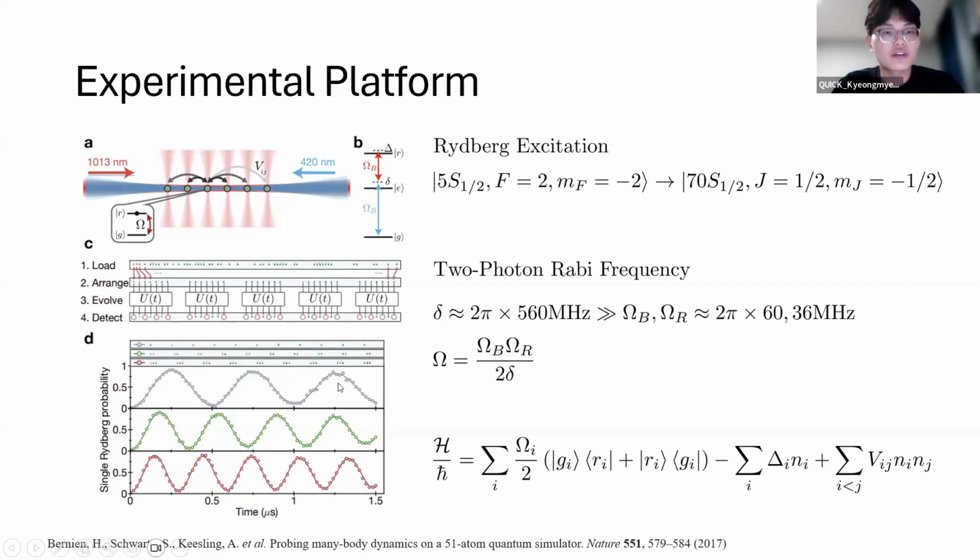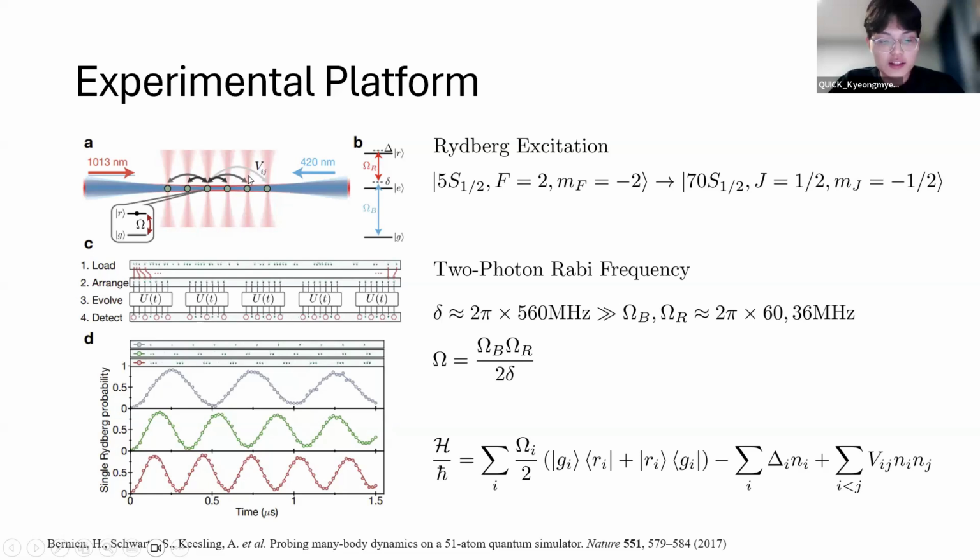As for the experiment protocol, it consists of loading atoms into a tweezer array and rearranging them into a desired configuration. After this, the system evolves under some unitary evolution with tunable parameters delta, omega, and the interaction strength.